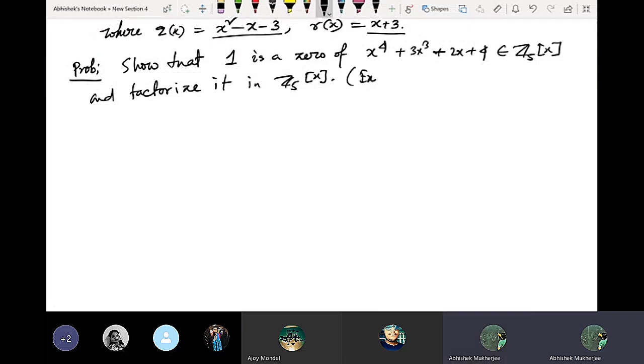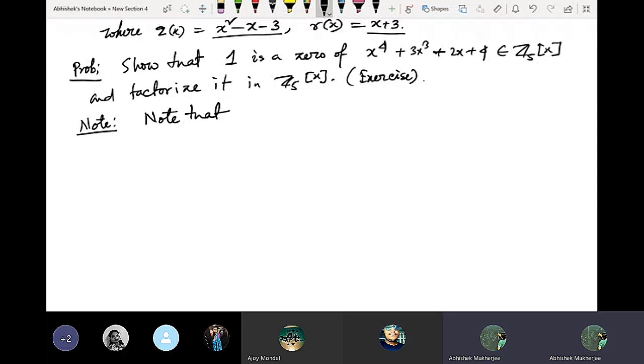So exercise. Now note that we have already used the synthetic division process in classical algebra, right? That is in the ring Z plus dot. But at the same time, we can also use this technique of synthetic division in any polynomial ring over a field.